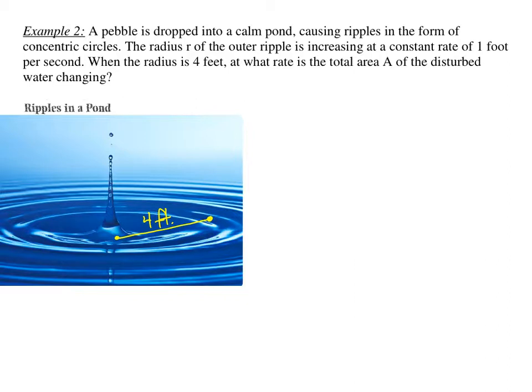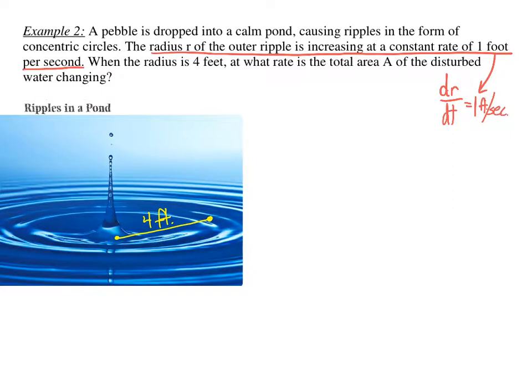So here we have the situation. The radius r of the outer ripple, so the furthest reaching ripple, is increasing at a constant rate of 1 foot per second. Okay, so let's stop there for a second. The radius r is increasing at a constant rate of 1 foot per second. So what were we just told? dr dt equals 1 foot per second.